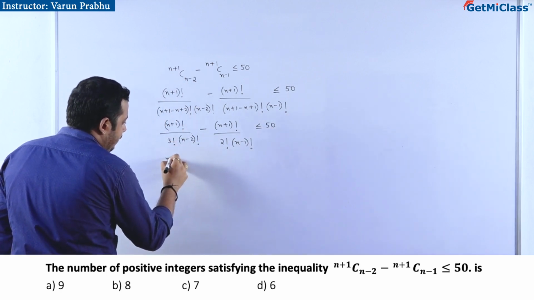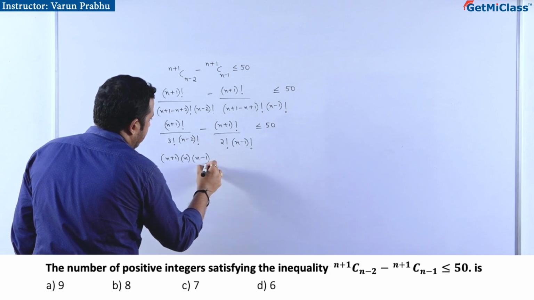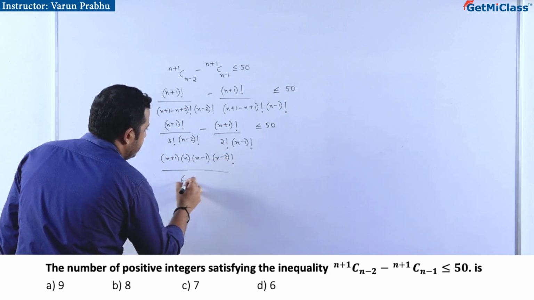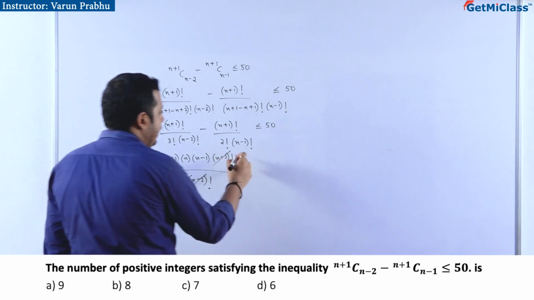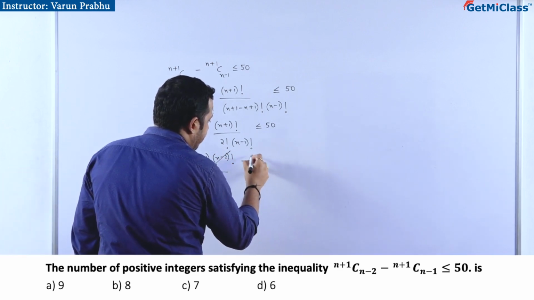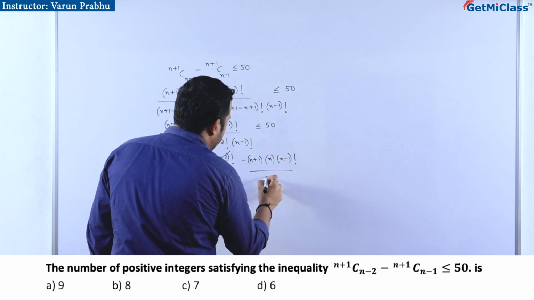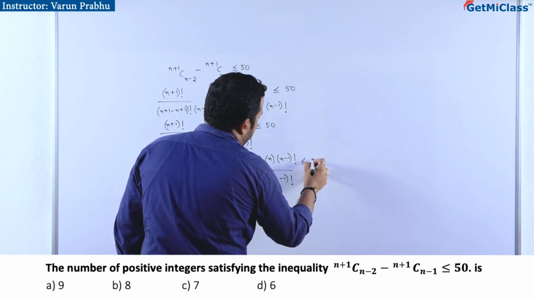So I may say (n+1) into n into (n-1) into (n-2)! divided by 6 times (n-2)!. These two terms will get cancelled. Minus (n+1) into (n-1)! divided by 2 times (n-1)!, less than or equal to 50.